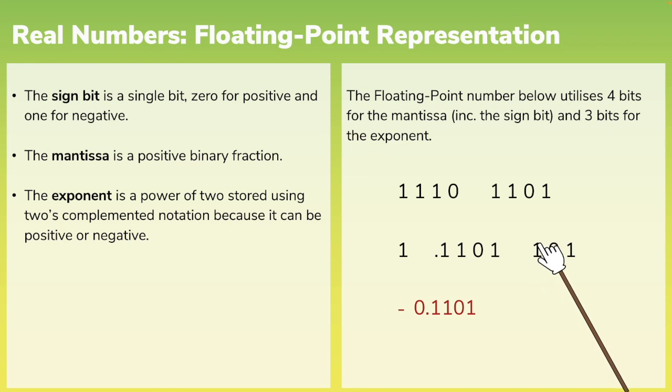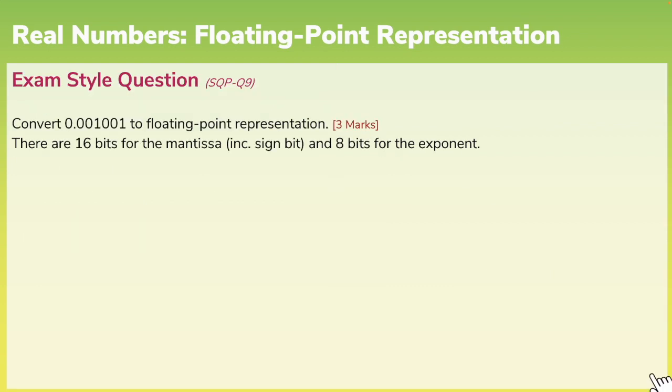In this case, this value here is negative 4, and if we add negative 4 onto that, we get times 2 to the minus 3. And in this case, we now move our number down 3 places. So we get 0.00011101.